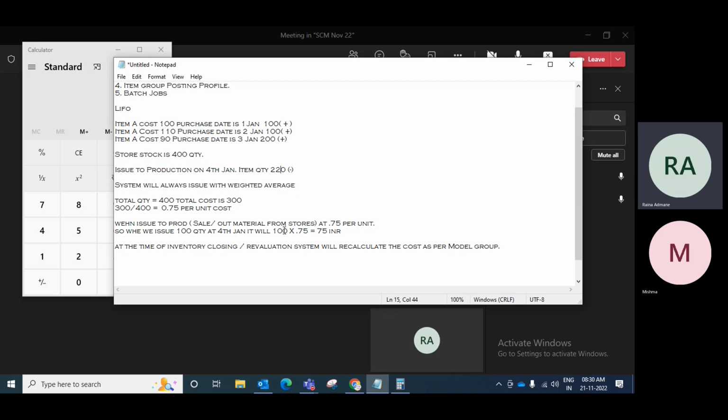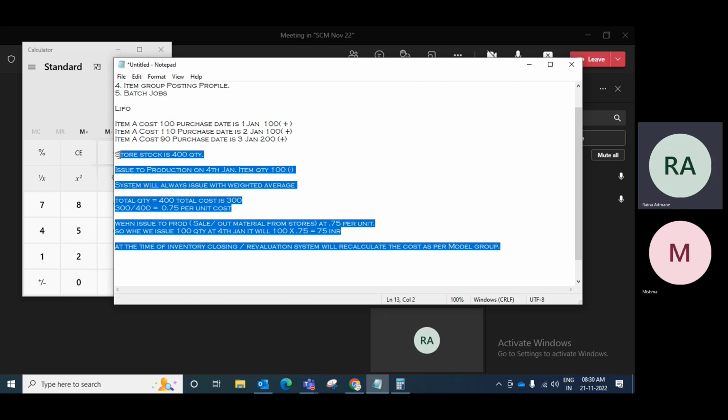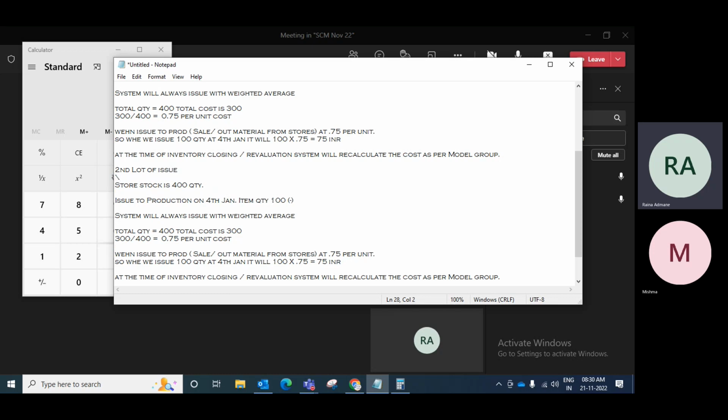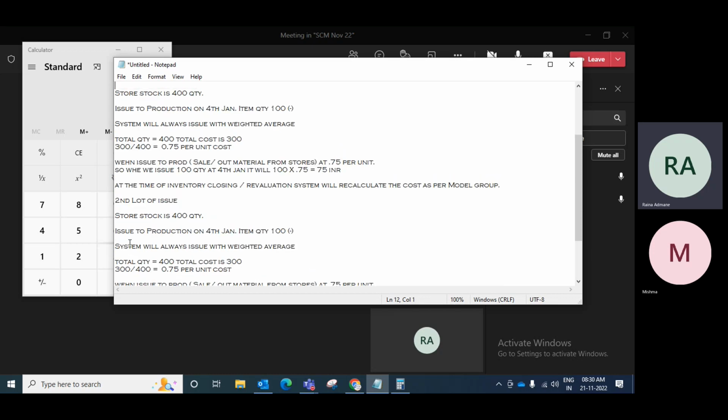You have done this so-called 200, and I will just copy paste it here so that it is useful for you. So this is the example. Now what we'll do, you just copy this lot. Now this first lot is over.